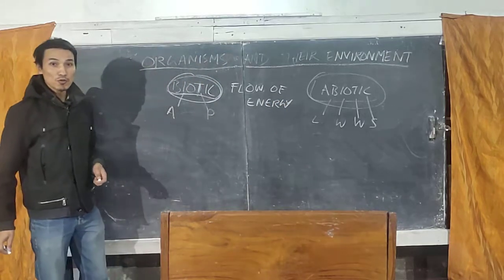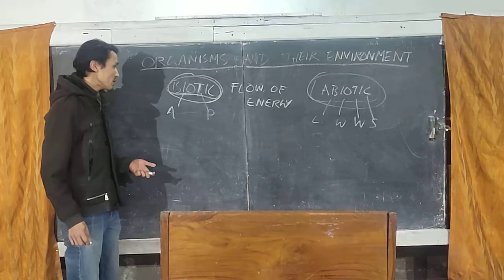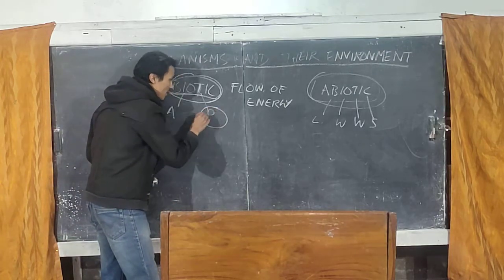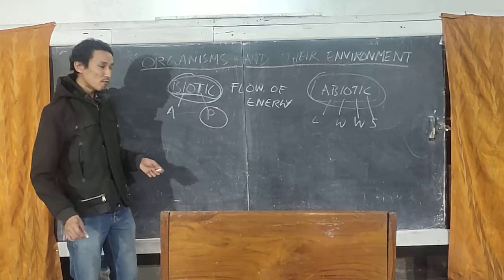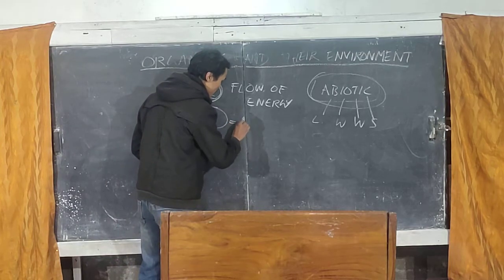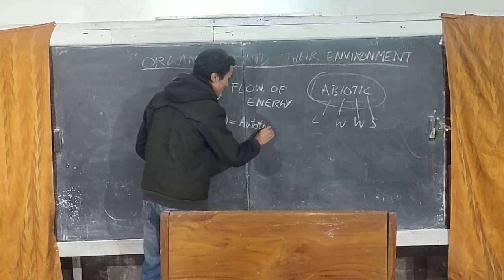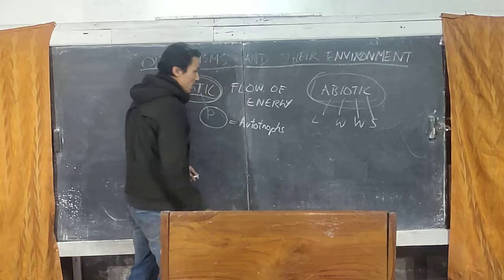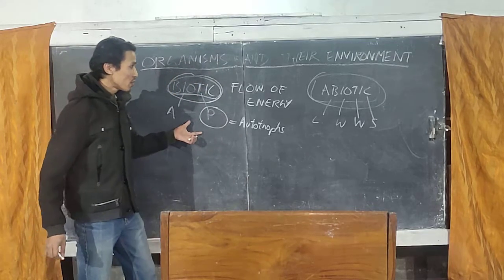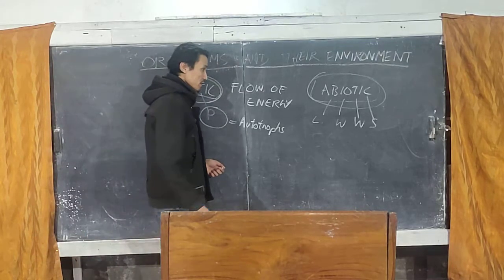energy in an ecosystem. How this works is plants have the ability to prepare their own food, and they are known as autotrophs. How they prepare their own food is with the help of abiotic factors.